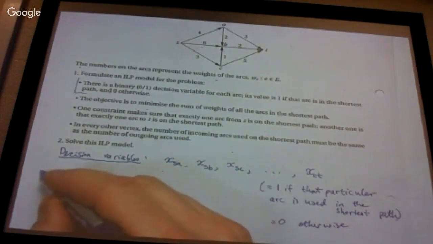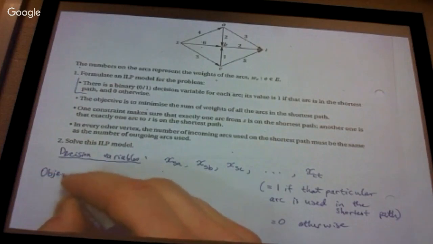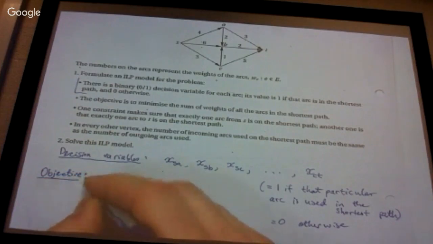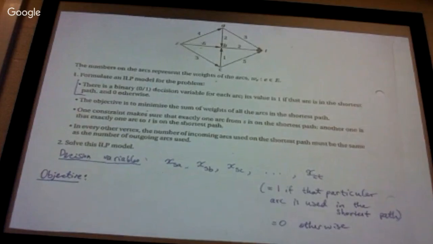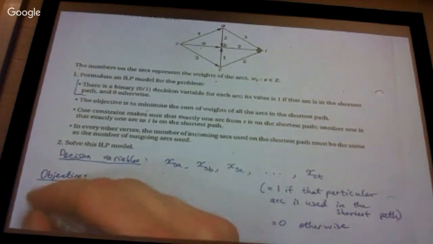And so with this in mind, you want the objective to minimize the length of that path, right?